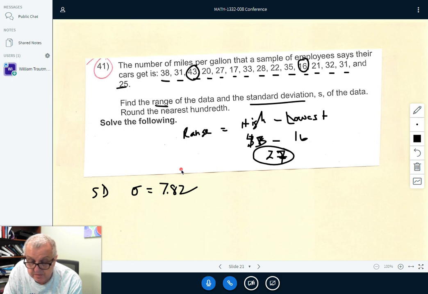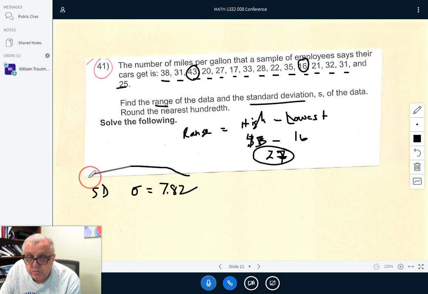It looked like I typed in all my data correct. I think they used the wrong one.